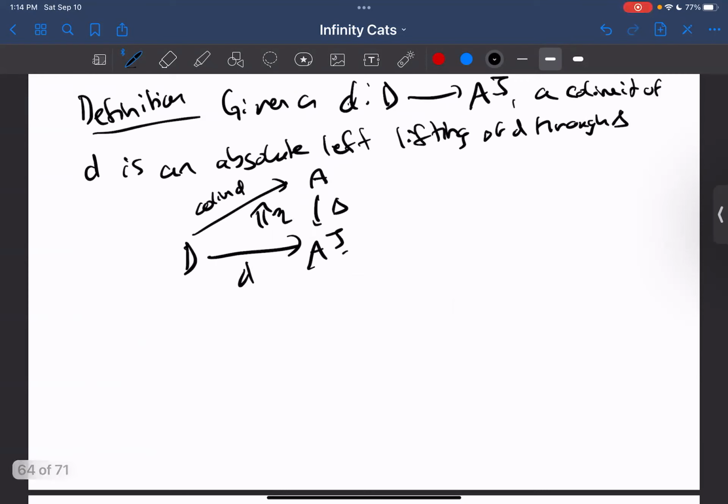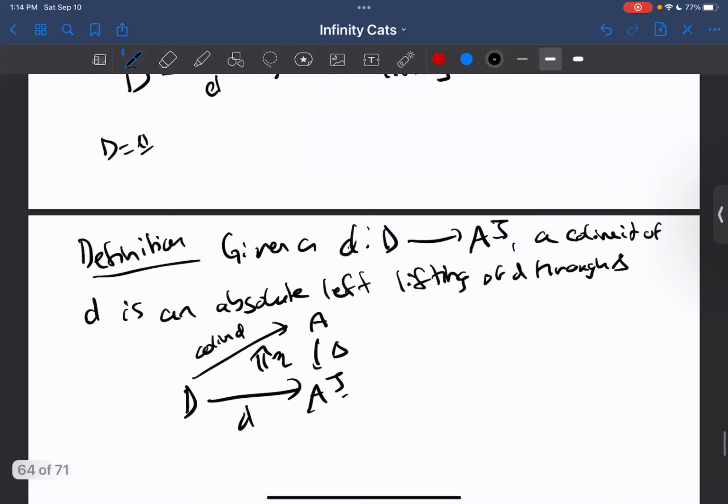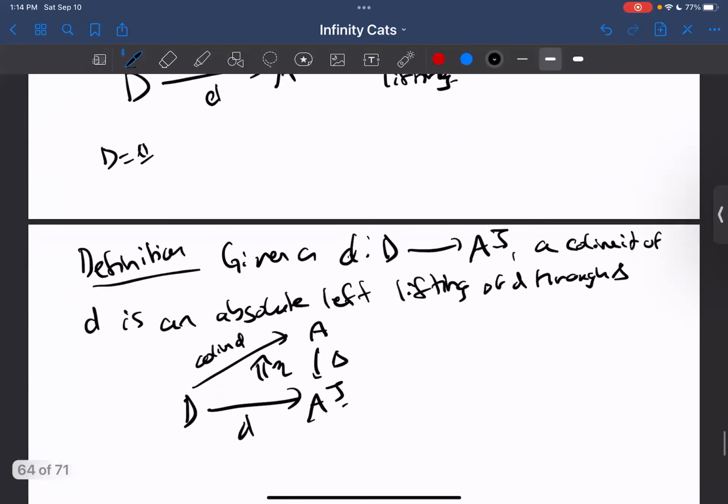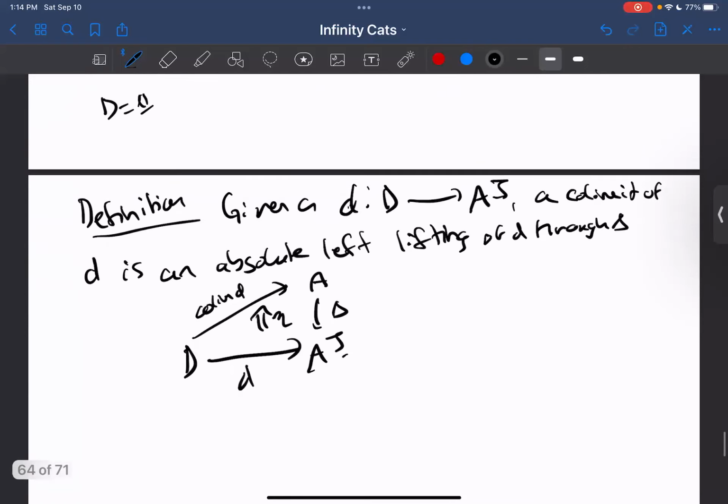Note that this definition does not require A to have all colimits. It doesn't even have to have any particular ones. You just need to have whatever ones are indexed by D of shape J.